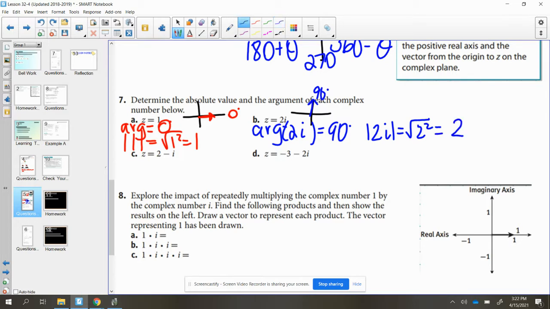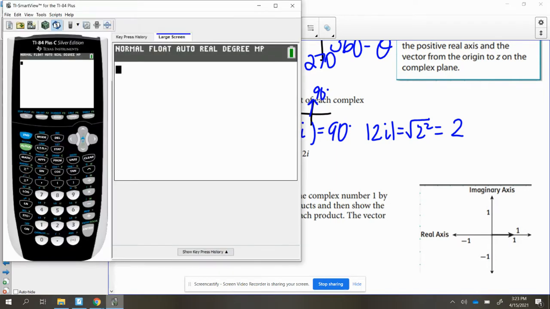Now, a little bit more complicated when we talk about one like 2 minus i. We're moving to the right 2 and down 1. So we're focusing towards the quadrant 4 type angle measurement here. So when we're looking for that argument of 2 minus i, we're looking for tan inverse of b over a. So negative 1 over 2, or in this case, we'll just say 1 over 2 to talk about the reference angle.